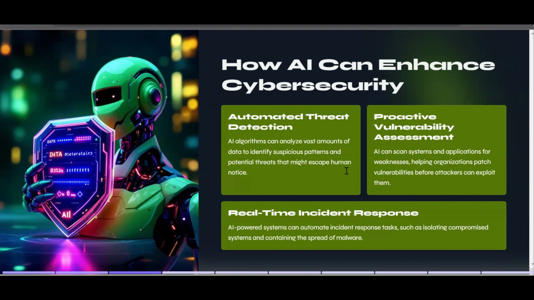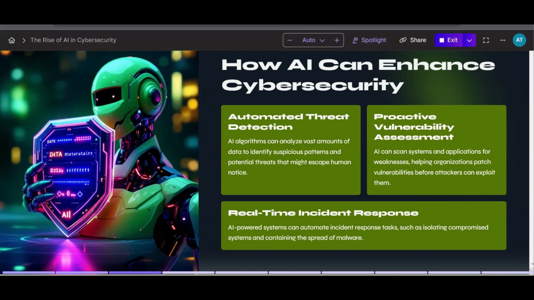No. Real-time incident response means AI-powered systems automate incident response tasks like the playbooks which security operations use. Playbooks are basically a process defining how to deal with an incident, right? So it would tell you how you go about it.